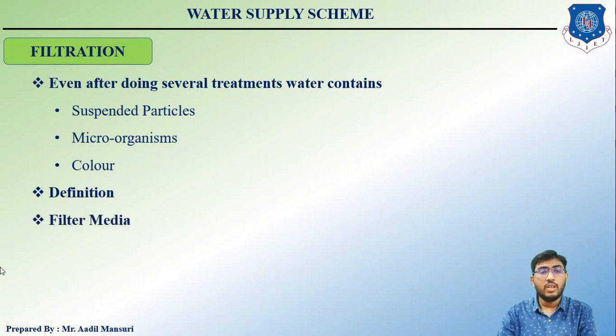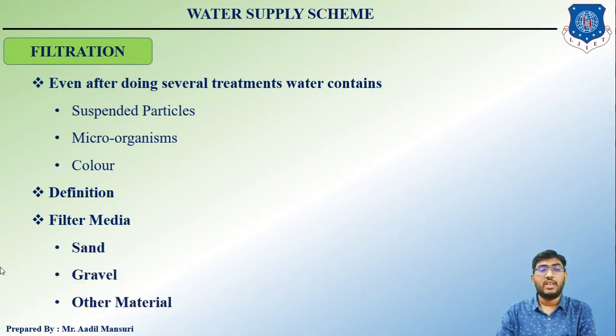Okay, talking about the filter media, there are three different filter media. The first one is sand, the second one is gravel, and the third one is other materials which are used. So talking about sand, the filter sand should generally be obtained from rocks like quartzite and should have certain properties.